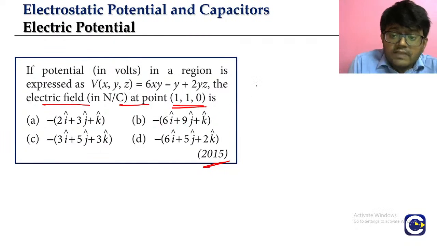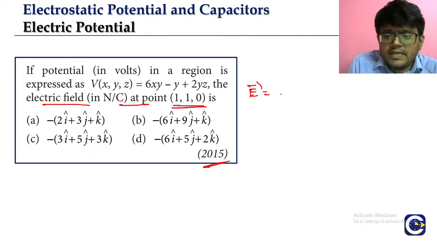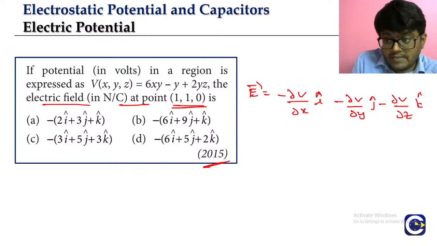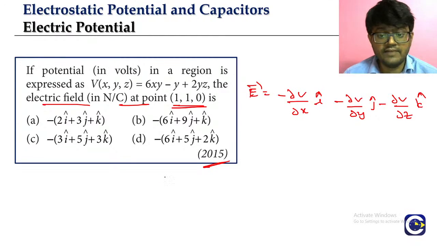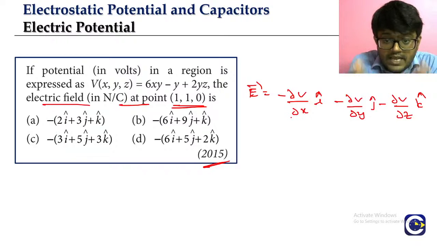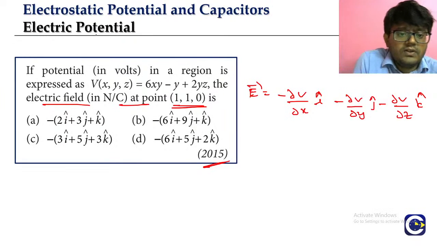So how do we solve this? First we will get the electric field. How? By using the gradient formula, minus dou v by dou x into i cap, minus dou v by dou y into j cap, minus dou v by dou z into k cap. You try it, I will wait. So we'll get the electric field function. After we get the electric field function, we will substitute the points.